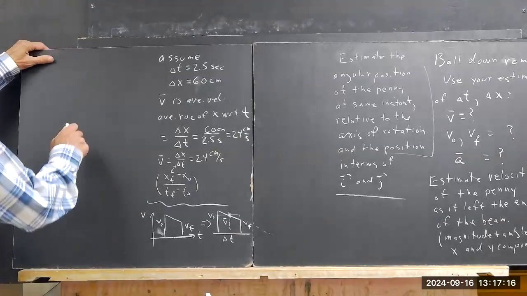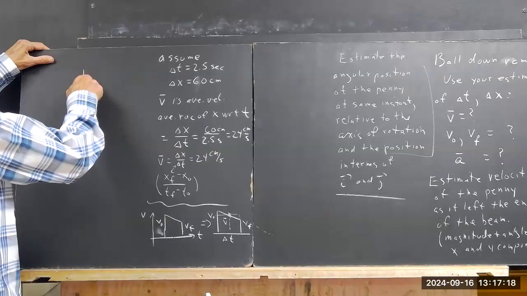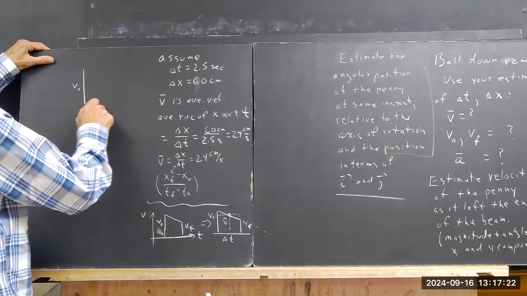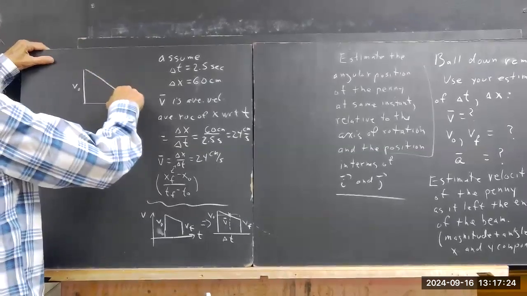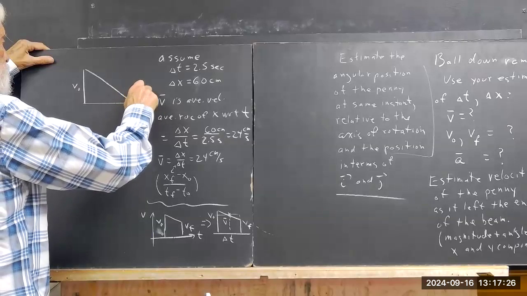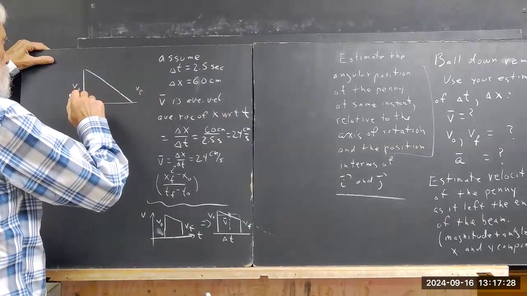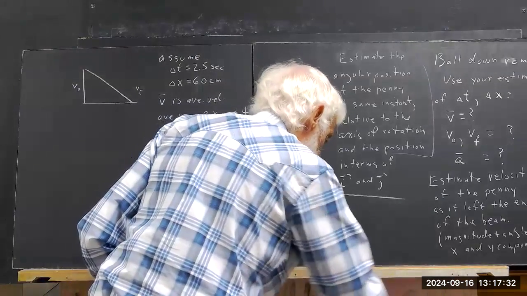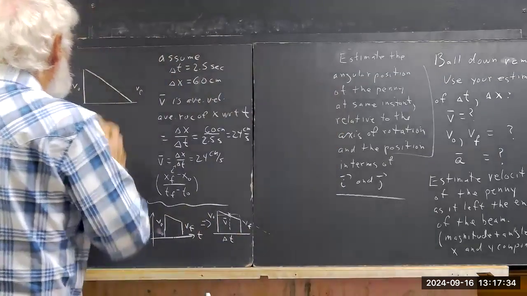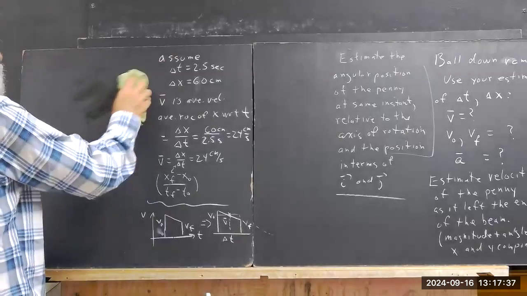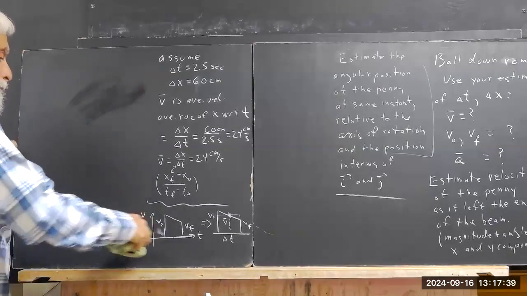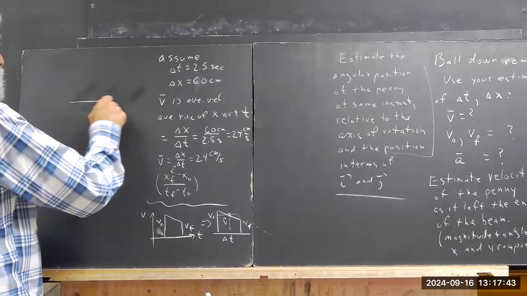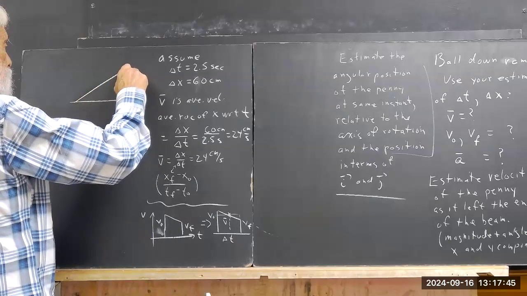For example, you could write, okay, here's V naught. I drew it this way just to show it's not always increasing, but in this case, the velocity is clearly increasing.